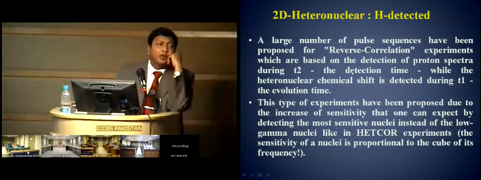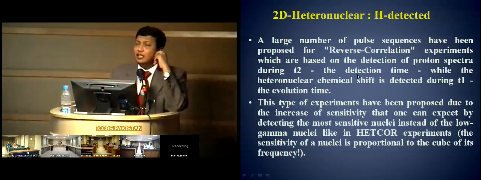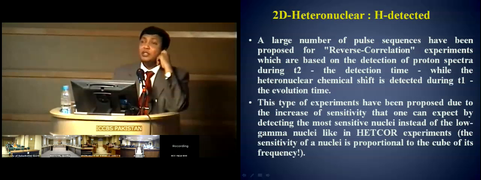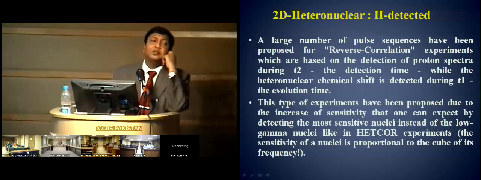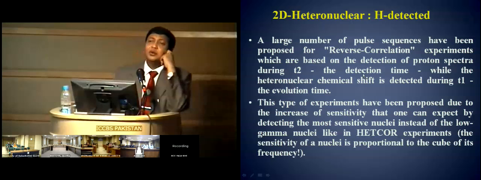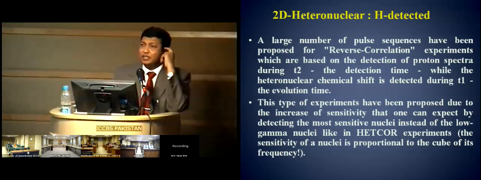Then there was a problem of interpretation. So you spread the signals into a second dimension. By using a two-dimensional experiment, you can spread that to a third dimension also by introducing another evolution time in the experiment. You can spread them into a fourth dimension by introducing another evolution time into the system.